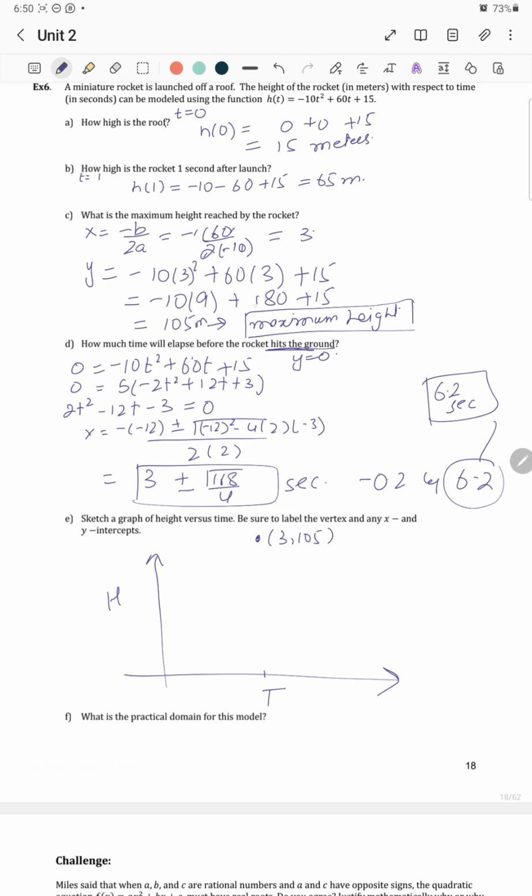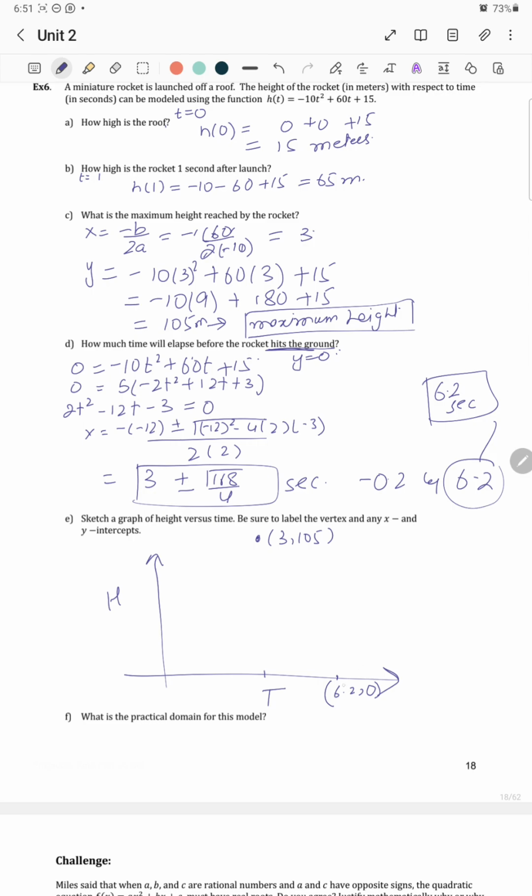This is the maximum point because the maximum height is 105. From here it will hit the ground at 6.2 seconds, so x would be 6.2 and y would be 0.